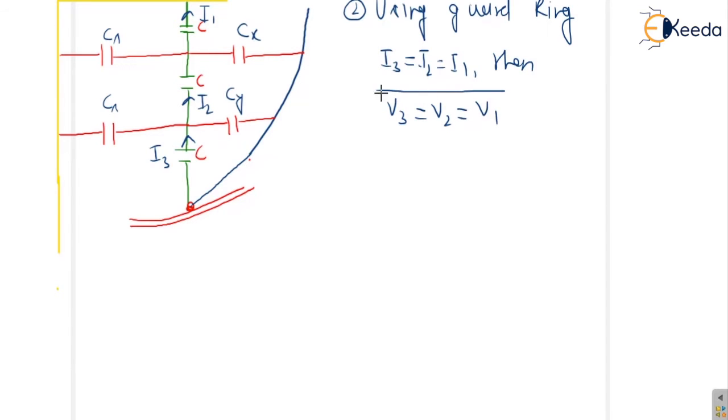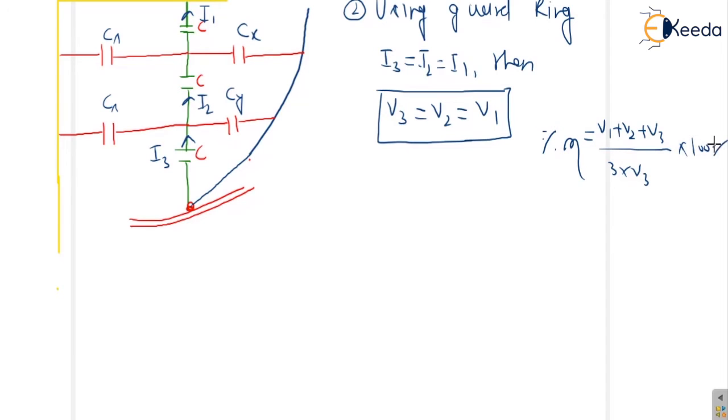Percentage efficiency is (V1 + V2 + V3) upon 3 × V3 into 100%. When these three are equal, it is 3V3 upon 3V3 into 100%. So this will cancel out and percentage efficiency will be 100%.